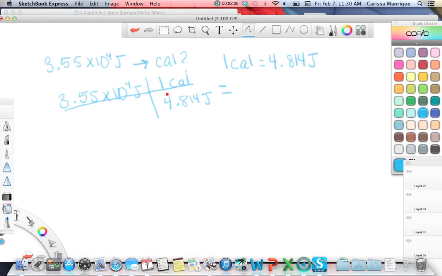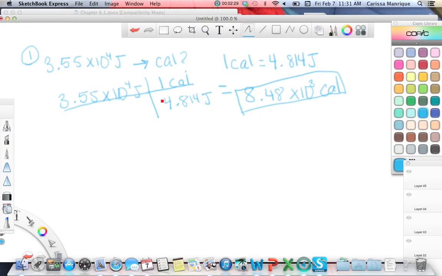Okay, so all we need to do is divide this out, and you should get about 8.48 times 10 to the 3rd calories. Okay, so a little energy conversion there.